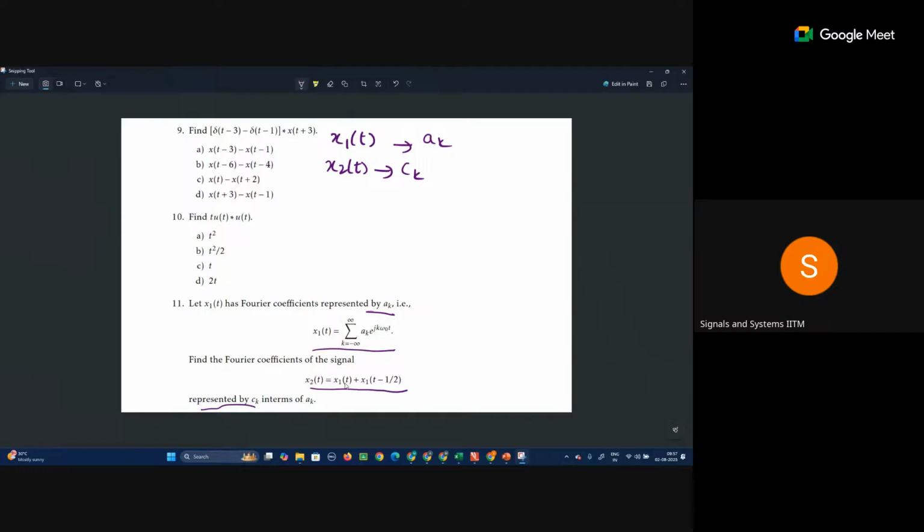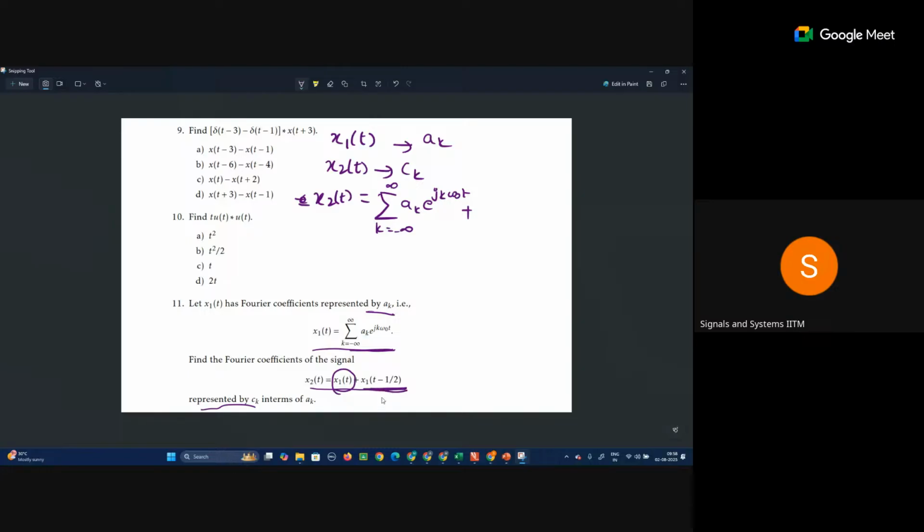We will be using the Fourier coefficients shifting property here. So x2 of t can be represented as, since it is x1 of t, the same summation of k equals minus infinity to infinity a_k e^(jk omega naught t), plus x1 of t minus half.